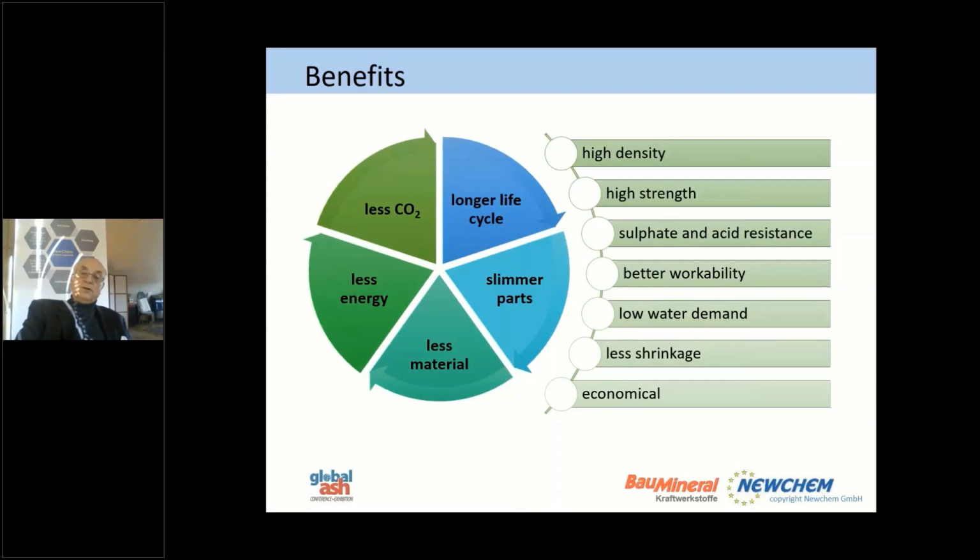So for the moment, we have enough fly ash, and especially as these classified fly ashes are not a cheap byproduct, but are really giving you a good advantage in your concrete and are a bit more expensive, naturally. I believe we have enough material which we can sell on the market and which brings us in the future to a lower CO2. We can prolong the life cycle, which will be also a very important point.